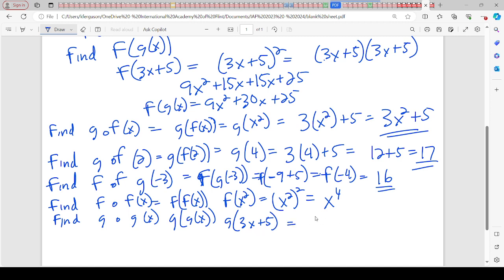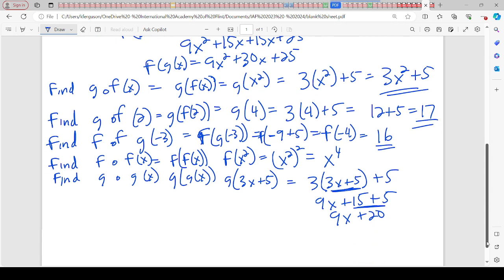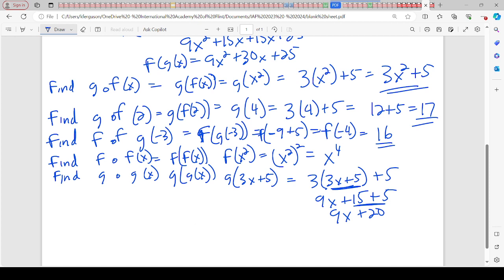So I'm going to say 3 times 3x plus 5 plus 5. All I did was replace the x with 3x plus 5. So then I distribute and I get 9x plus 15 plus 5. And those two I can combine, so I get 9x plus 20. And that's my answer for g of g.